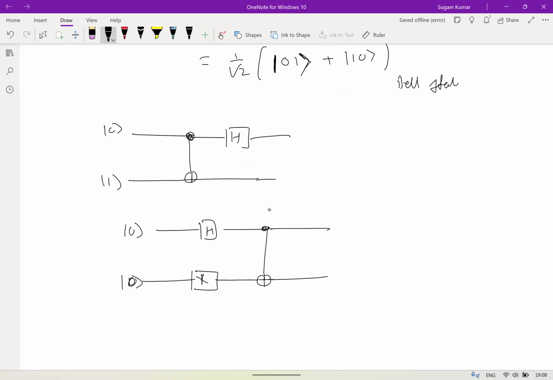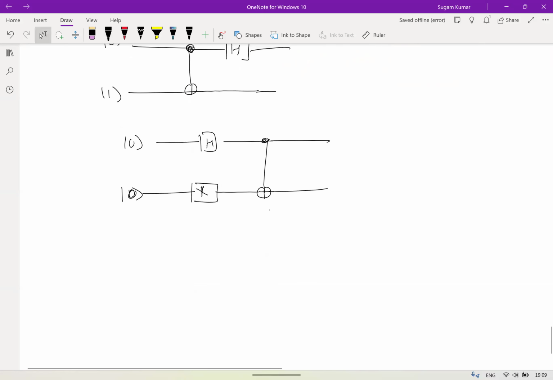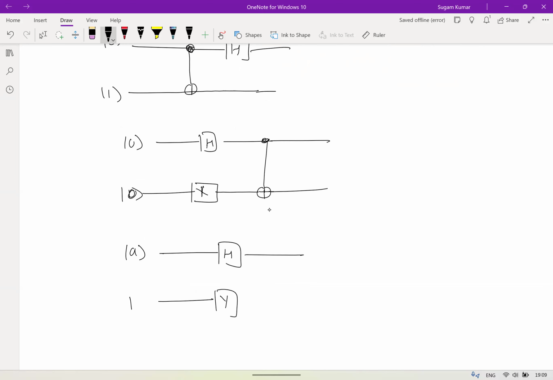So try to solve first up till 2 qubits, and slowly then you can go to the 3 qubits also. You can apply the Toffoli gates. You can apply the Fredkin gates. Okay. So even you can think about, like, A is let us say H here, and let us say Y here, and B, and then here you can apply a Z gate.